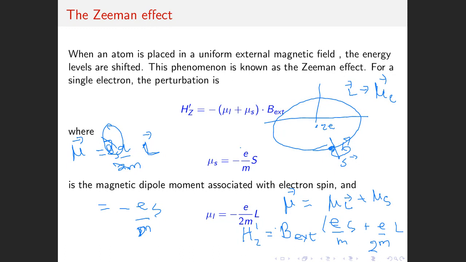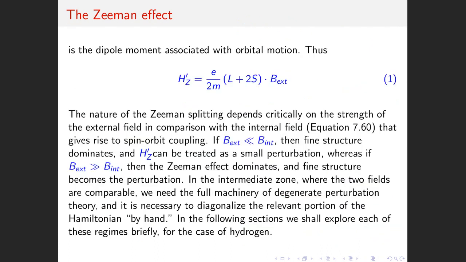So you can factor out this e over 2m, there might be an h bar, and then you're left with L plus 2s. The 2 is basically the g factor for the electron. So you have L plus 2s, and this is what you want to diagonalize.